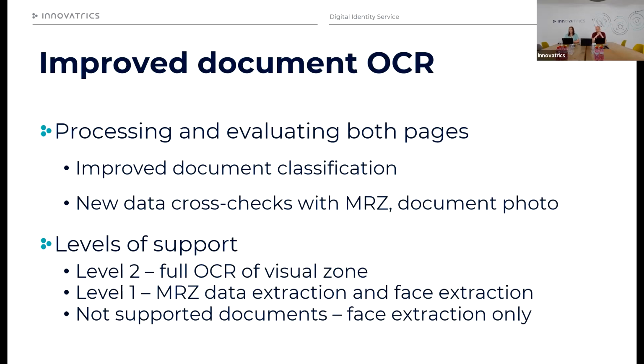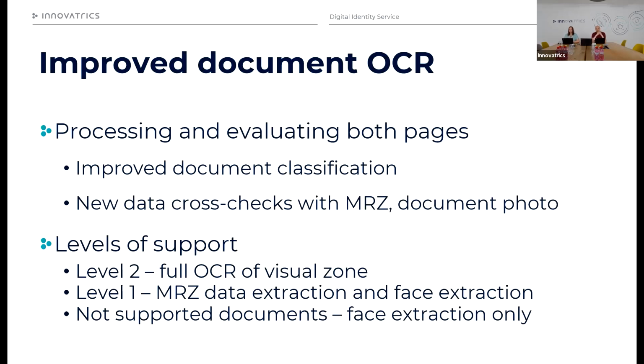We are also now differentiating the levels of support that we provide for the OCR of the documents. The level 2 is the full OCR extraction of the visual zone, as you know it from today's document server.